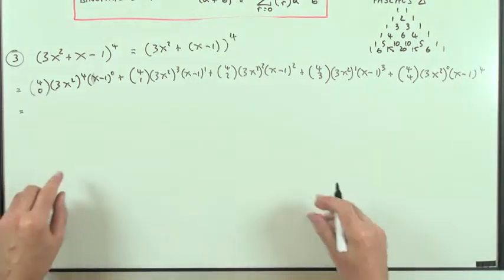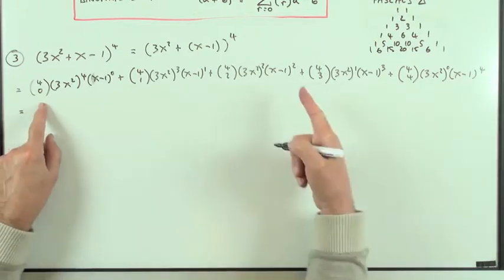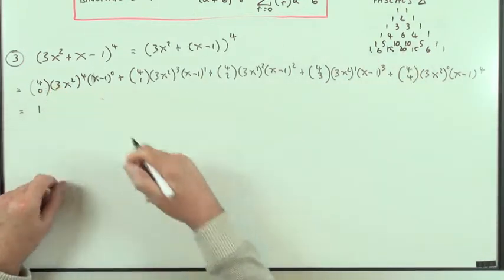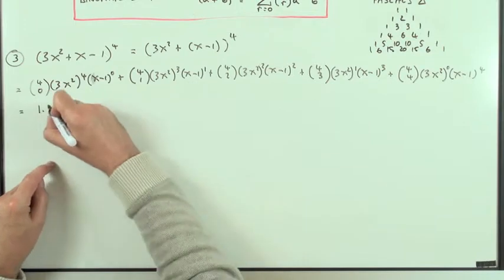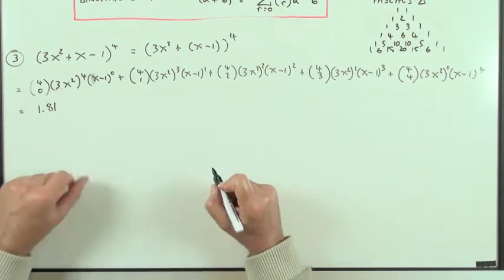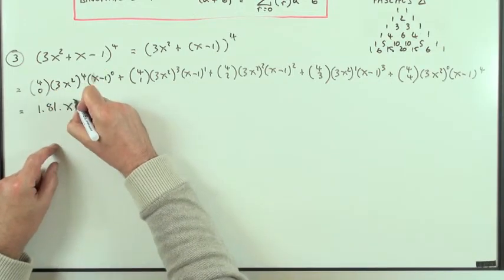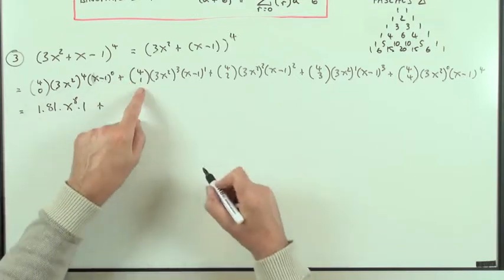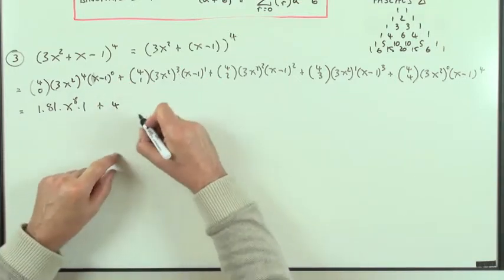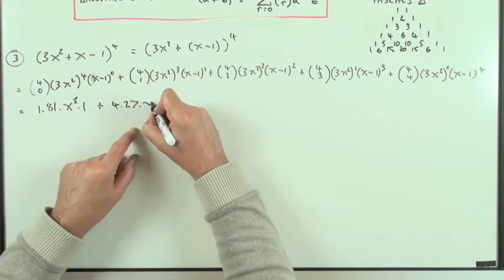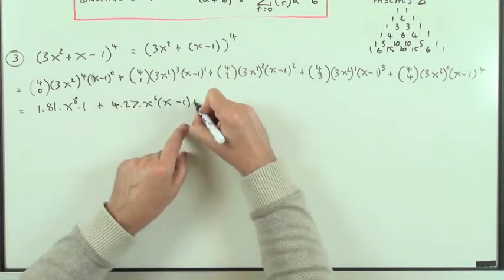Right, next bit. So what have we got? So it's power 4, so we'll be using that line, 1, 4, 6, 4, 1. So that'll be 1, that'll be 3 to the 4 is 81, then you've got x squared to the power 4 is x to the 8, and the bracket will just be 1. That's going to come to 4, that'll be 27, that'll be x to the 6, and the bracket will stay the way it is, x minus 1.